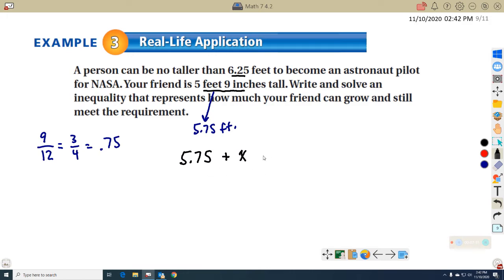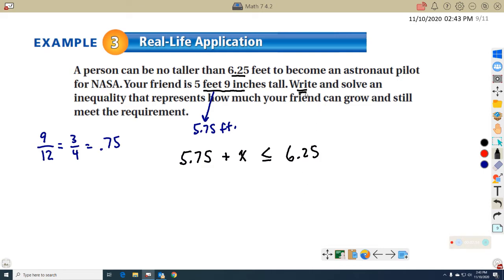So this has to be what? Remember, they can be no taller than 6.25, which means they have to be what? Less than 6.25. So this is where some of this language kind of comes into play. If you're not taller than 6.25 feet, then you're less than or equal to 6.25 feet. So there's the first part.